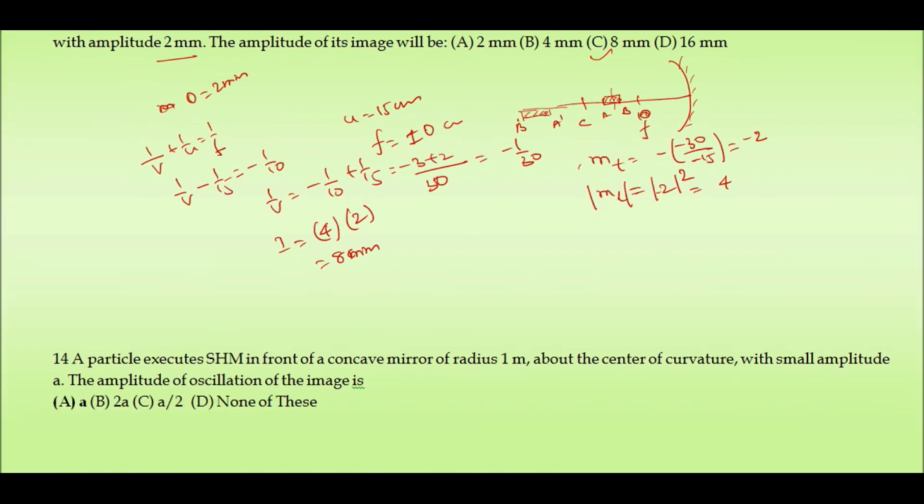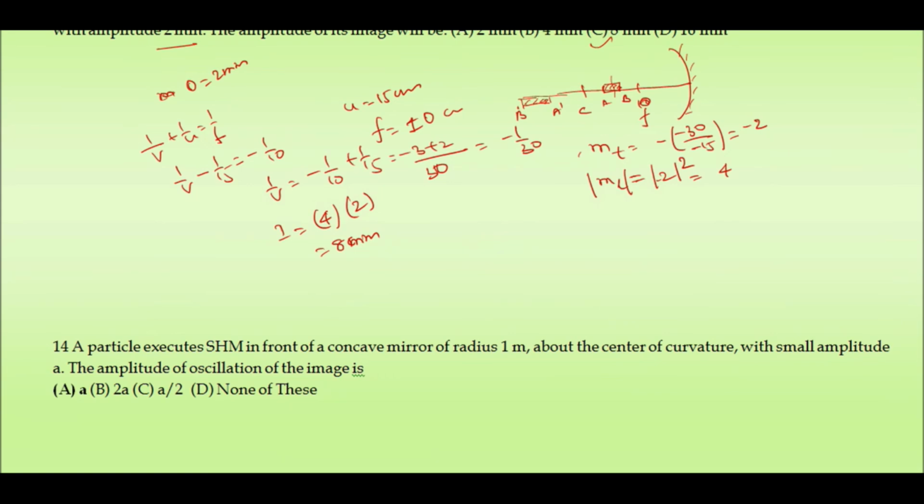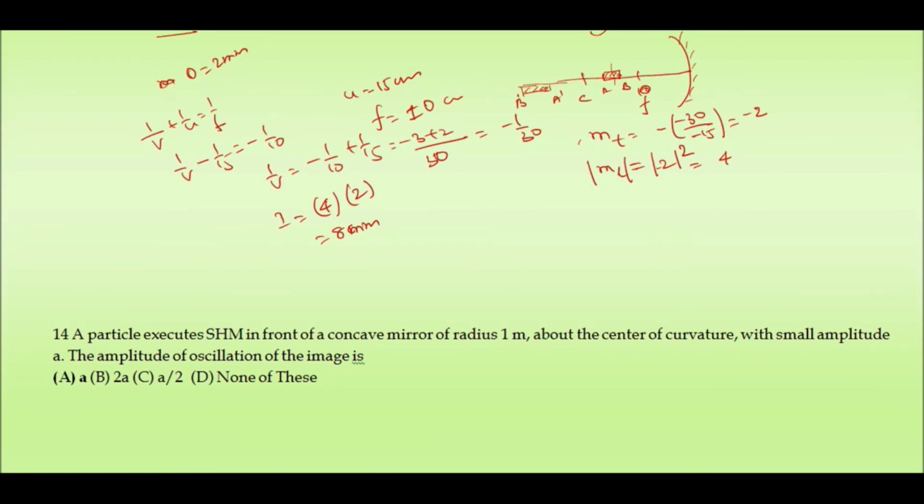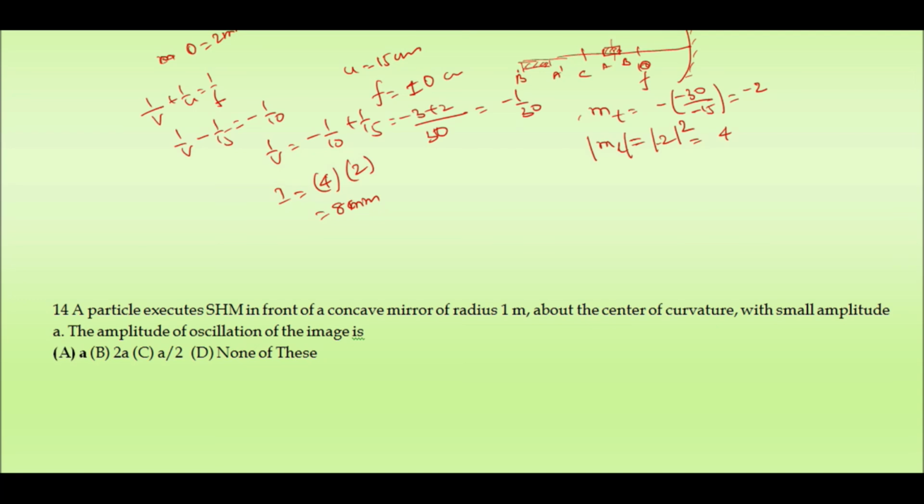If you see the problem of 14, it is similar to the previous problem, and here the particle is moving along the center of curvature with a small amplitude A. As the object is at the center of curvature, object distance u is equal to 2f, so the image distance is also equal to 2f, and in this case transverse magnification is 1, longitudinal magnification is also equal to 1.